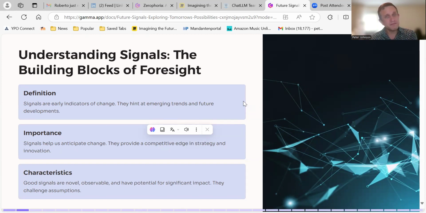Is that a signal because it was a trend, an idea that was talked about in film? Or is it not a signal because it wasn't something observable yet? It's kind of a gray area because we could observe it in film, we could observe that concept of how it would work, but it wasn't there yet. And this is partly why science fiction ends up being a big area people look at for signals as well.